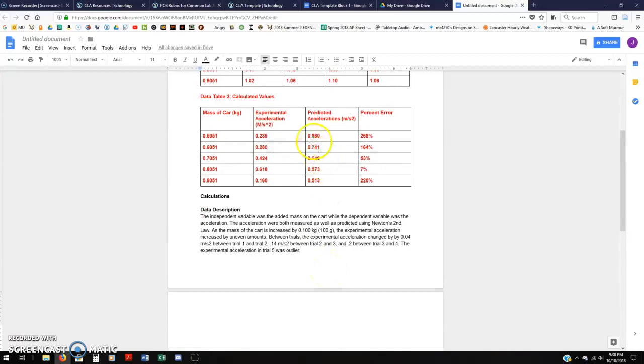And I might do something similar with the predicted accelerations too. We don't have to identify the variables anymore, but we can say for the predicted accelerations.